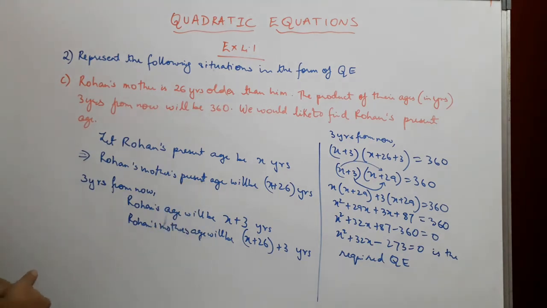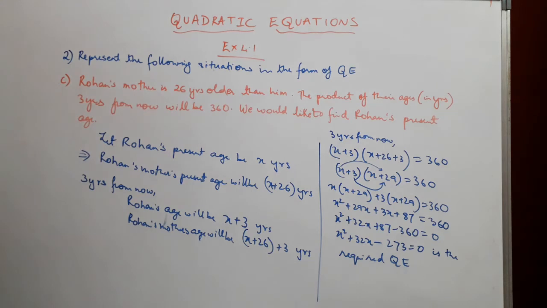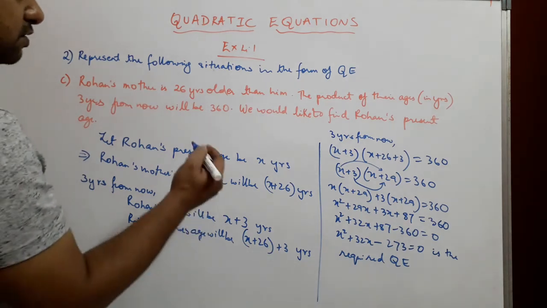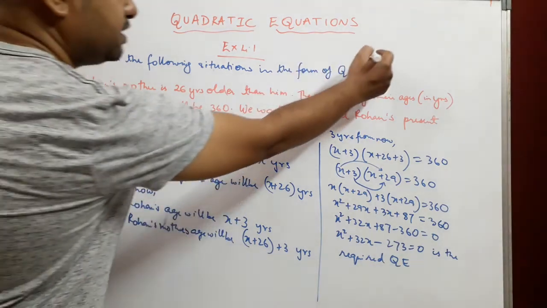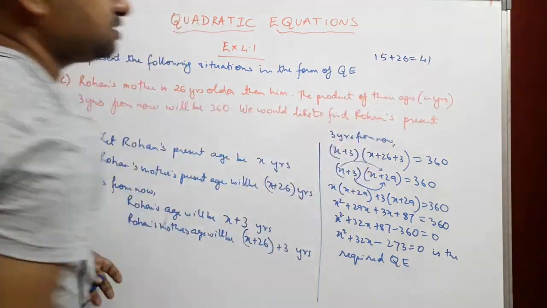Okay, it's like saying if we are 15 years old now, and our mother is 26 years older than us, so all we do in that case is to 15 we add 26 and we will get our mother's age, that is 41.